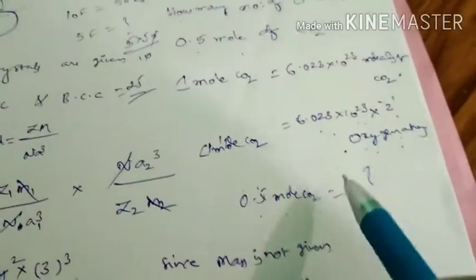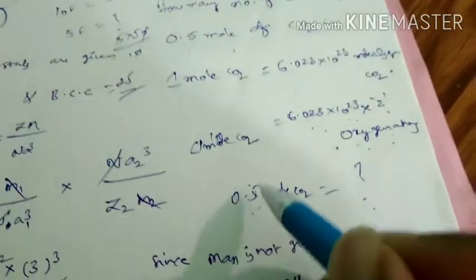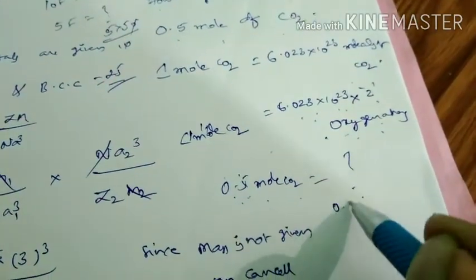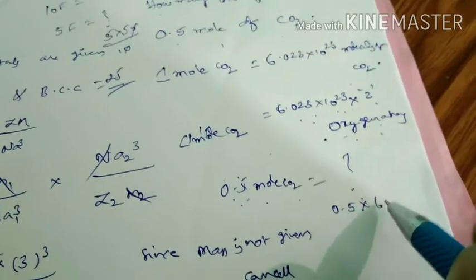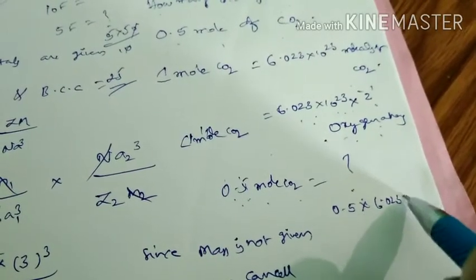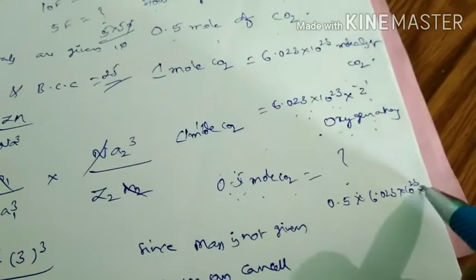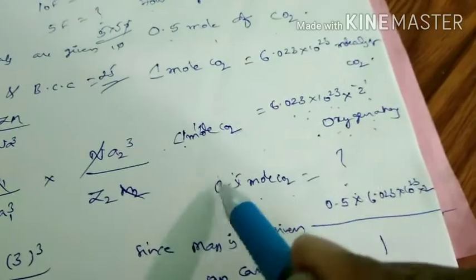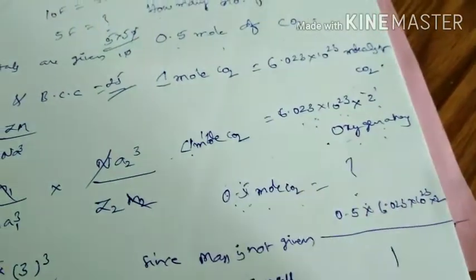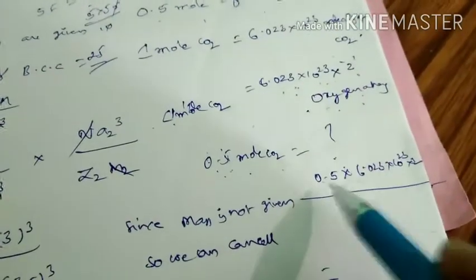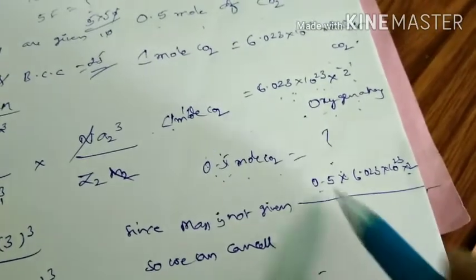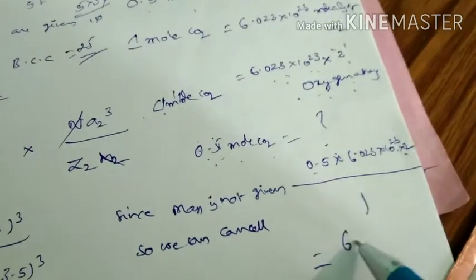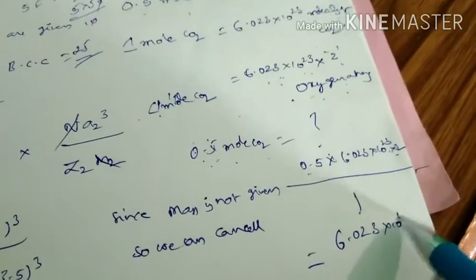Like that, here also we can do calculation. That means this one into this one by this one: 0.5 into 6.023 into 10 to the power of 23 into 2, whole divided by 1. 0.5 into 2 is 1, 1 by 1 is 1, and 1 into 6.023 into 10 to the power of 23 is 6.023 into 10 to the power of 23.